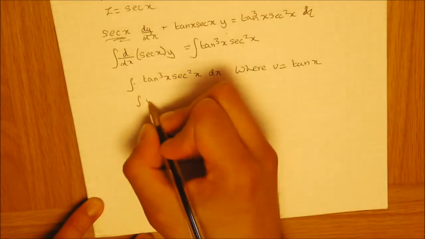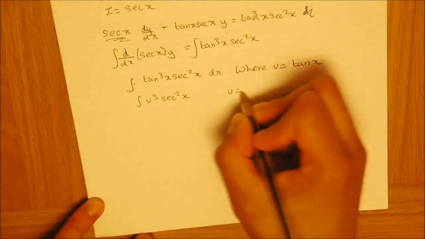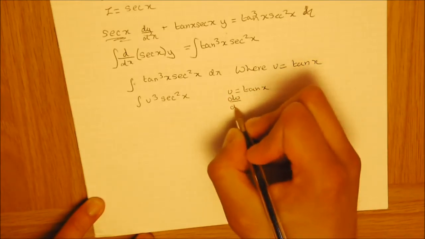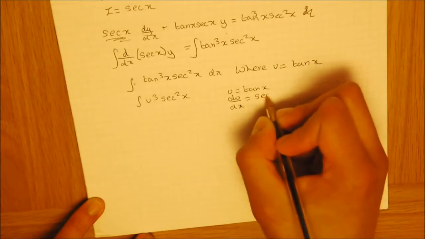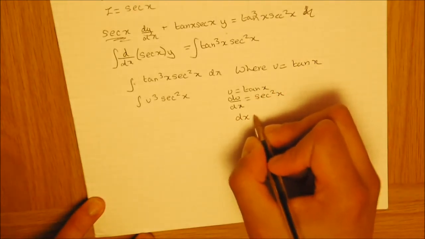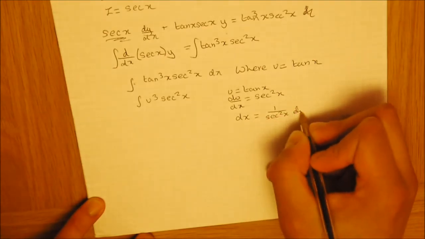So that will go to u cubed sec squared x. u equals tan x, du/dx is equal to sec squared x. So therefore dx will be equal to 1 over sec squared x du.